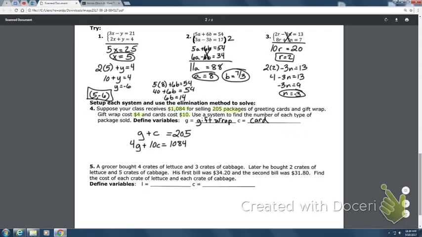So looking at that system of equations, Ethan, which variable would you cancel, the G's or the C's? Okay. So if this is 10C, I need this to be what? So what would I do to the first equation? Multiply it by -2. So I'm going to do that and write that underneath the other equation.